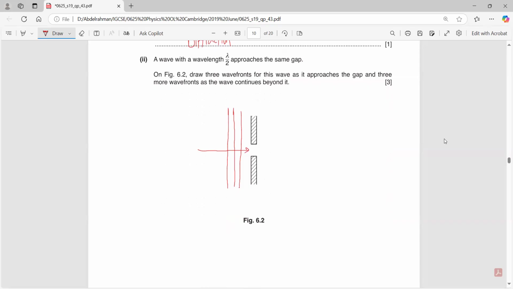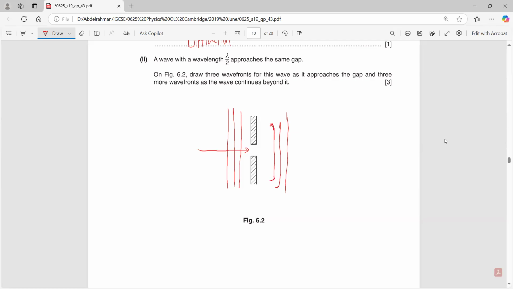As they pass through the gap, this gap would be kind of wide. So as you draw these wave fronts passing through this gap, would they diffract as much? No, definitely they would not diffract as much. This would be a wide gap, so we would draw straight waves with the same wavelength, and then they are just curved at the ends.